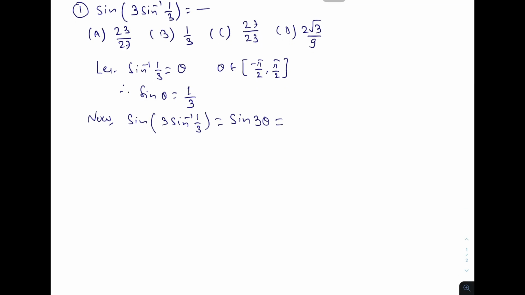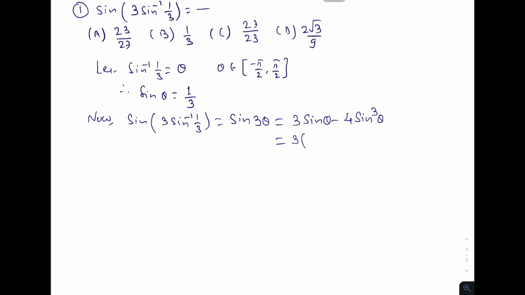But we know the result of sine 3 theta, that is 3 sine theta minus 4 sine cube theta, and now you have the value of sine theta, that is 1 by 3.